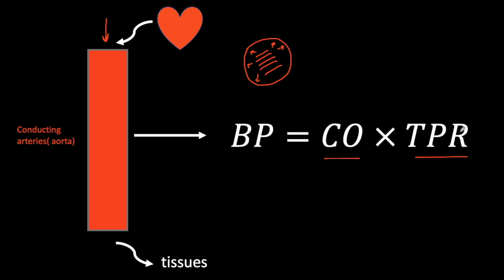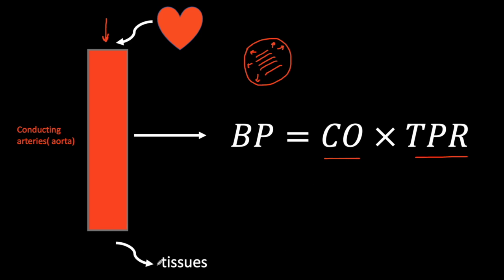But what about total peripheral resistance? For example, suppose that you are exercising. Your muscles are just overactivated and need a lot of nutrients, fats, glucose, and oxygen in order to metabolize and meet their needs, right? So in these conditions, more blood must be led to these tissues in order to meet their requirements.